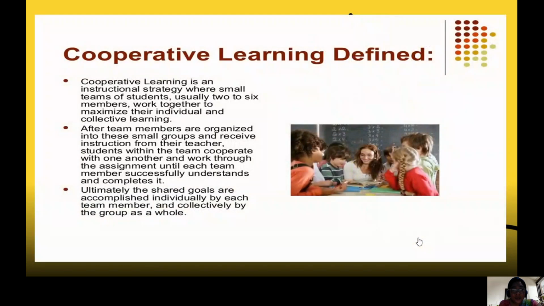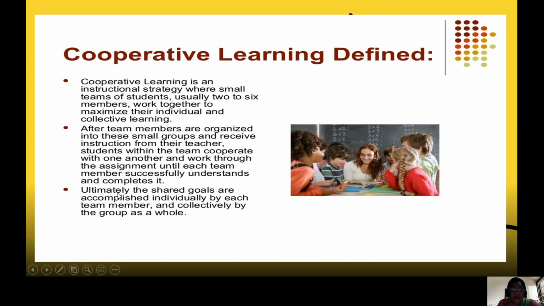Basically, cooperative learning is defined as an instructional strategy where small teams of students, usually two to six members, work together to maximize their individual and collective learning. After the team members are organized into small groups and receive instruction from their teacher, students within the team cooperate with one another and work through the assignment until each team member successfully understands and completes it.